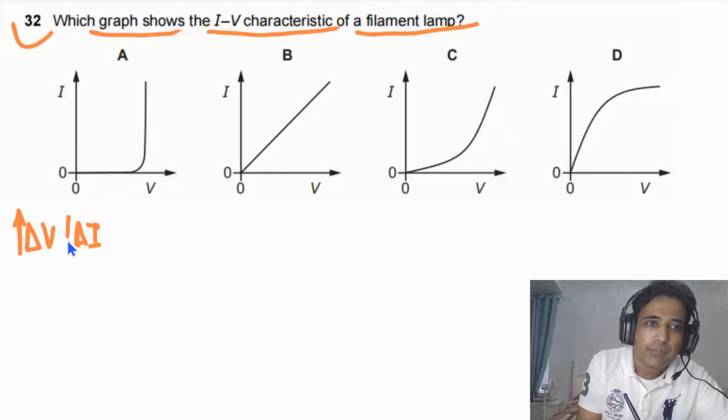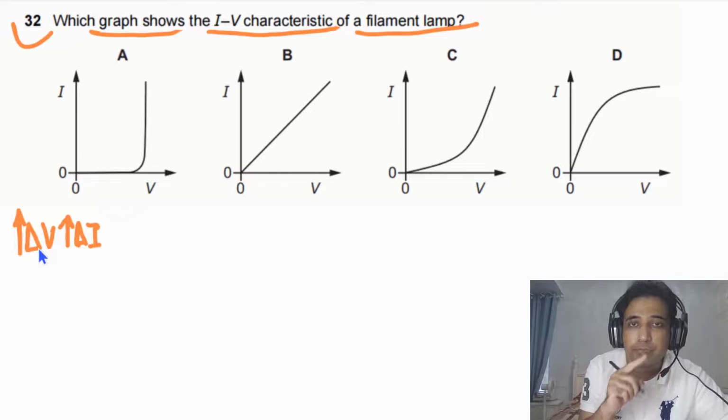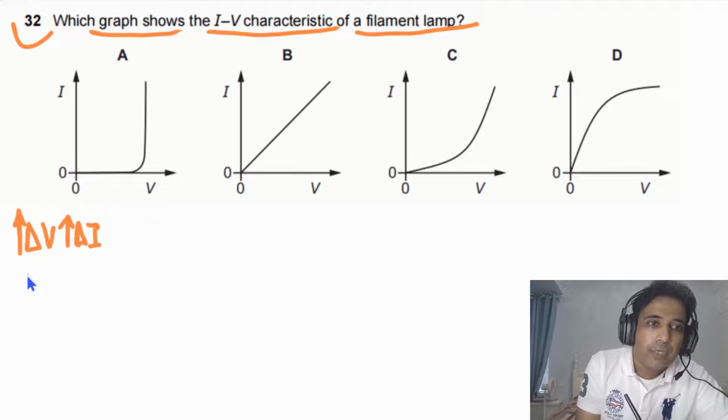So let's say it is this much. PD and I will not increase by the same amount. Now the second thing, let's say we increase PD again by the same amount, and in this case the increase in current will be even smaller.